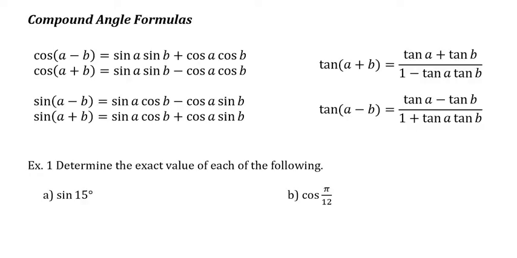This one's written backwards, sorry. Doesn't match what we have on the other one. So this should be cos A cos B. You're subtracting the sine.